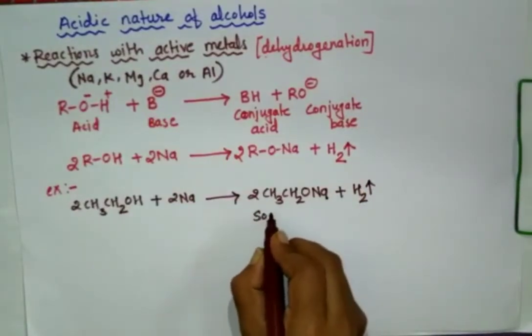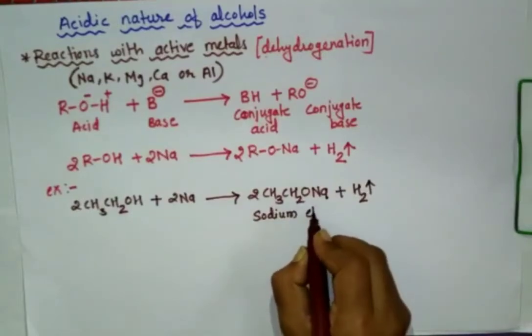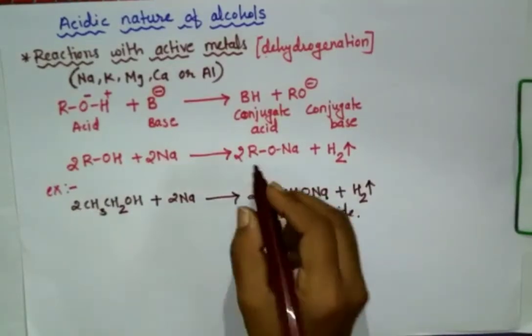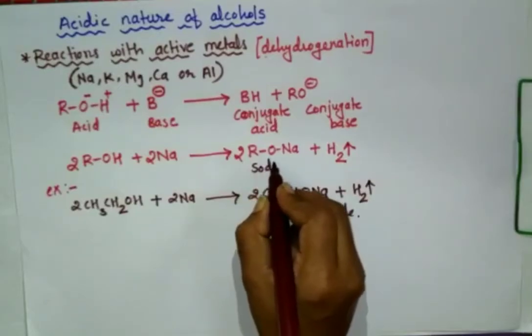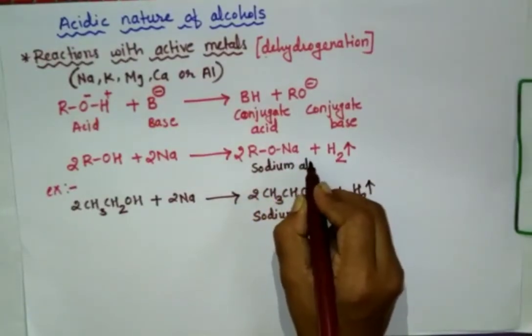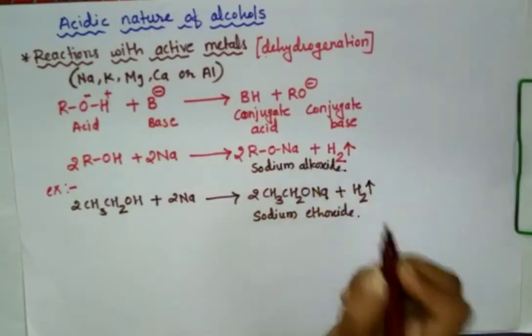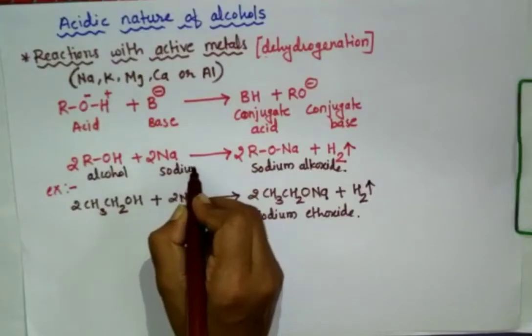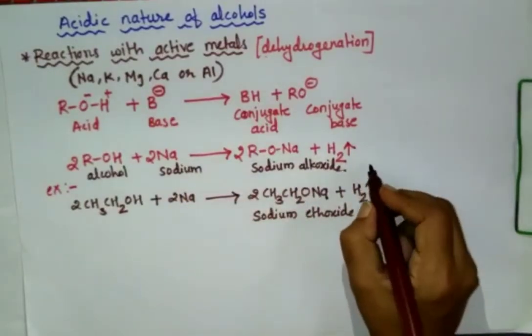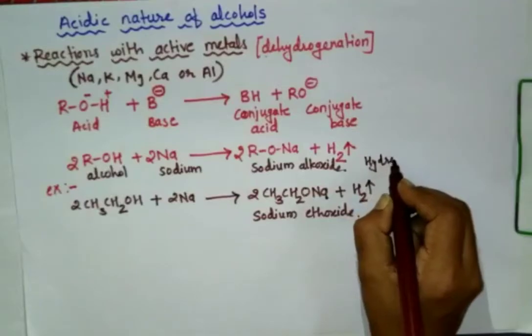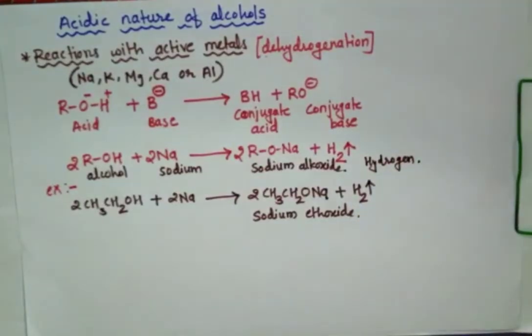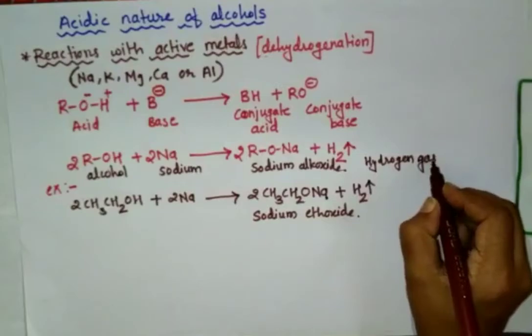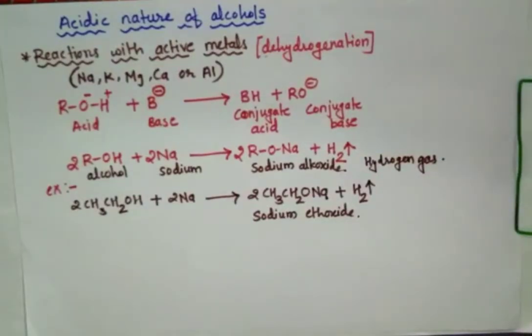So this we generally call sodium alkoxide. Alcohol reacts with sodium metal to form sodium alkoxide plus hydrogen gas, with liberation of hydrogen gas. So this is a reaction of alcohol with the alkali metal, that is sodium. I have taken one example.